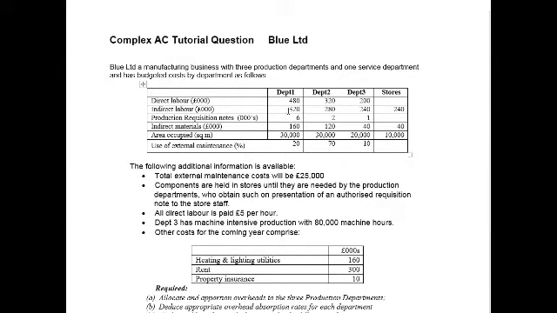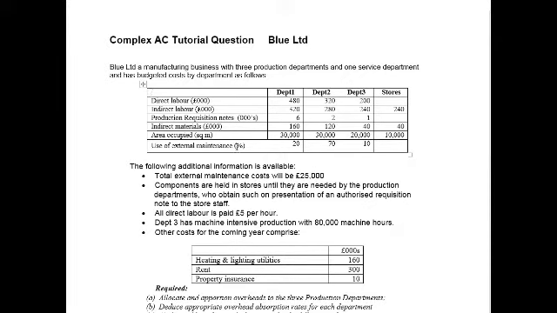So department 1 is using external maintenance 20%, 70% is used by department 2, and 10% is used by department 3. So if there is any maintenance cost, you can apportion it in the same proportion. So 20% of that should go to department 1, 70% to department 2, and 10% to department 3.